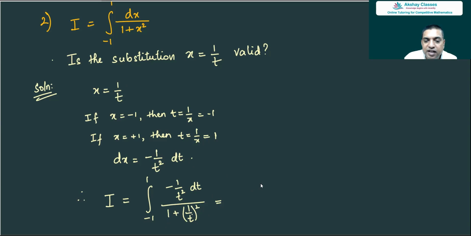So upon simplification, this t square cancels in the denominator. I get minus sign, minus 1 to 1 dt by t square plus 1.